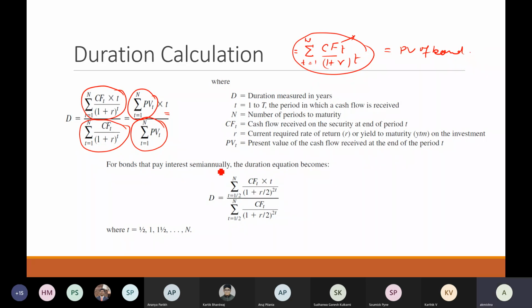Whereas when it is semi-annual, your time period will be half, so it is going to increase by half. Here the time period will be 1 to T, 1 to N or 1 to capital T. Here it will go from 1 to 2T. So this is how the difference will be based on the frequency of coupon payment.